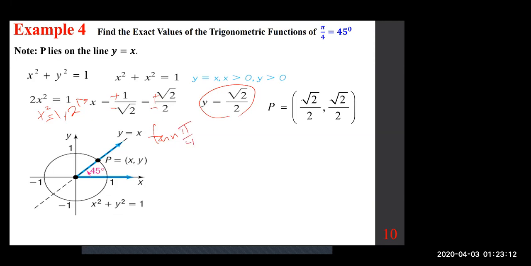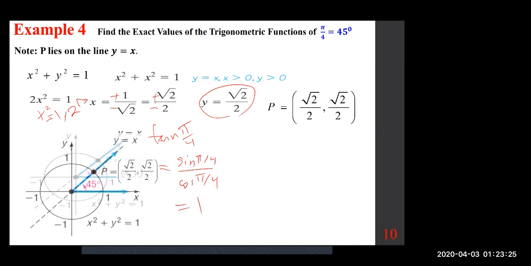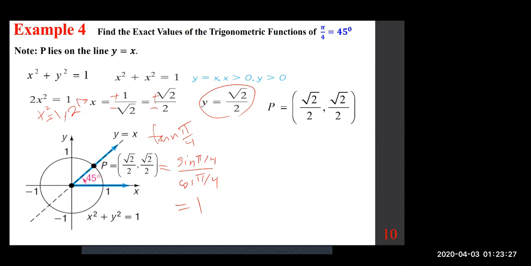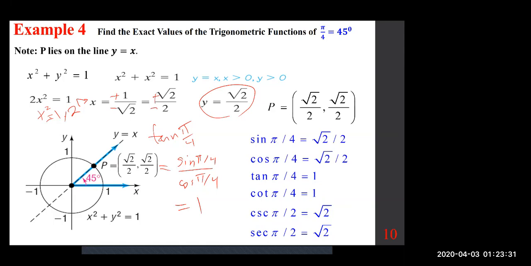What is that? Sine over cosine. That's 1. The rest of them are the reciprocals. So we get these answers. Does that make sense? Is everybody okay with that?